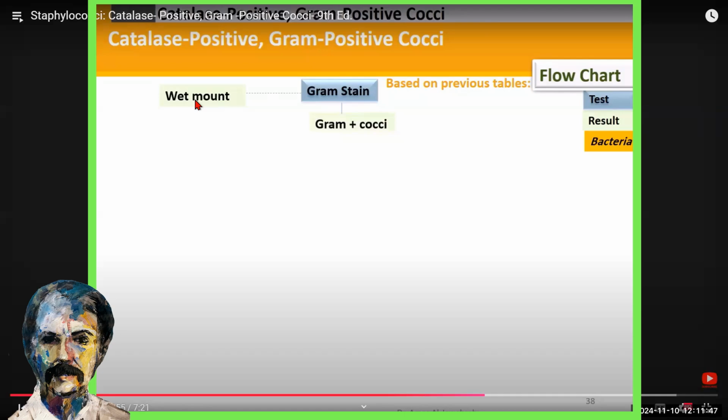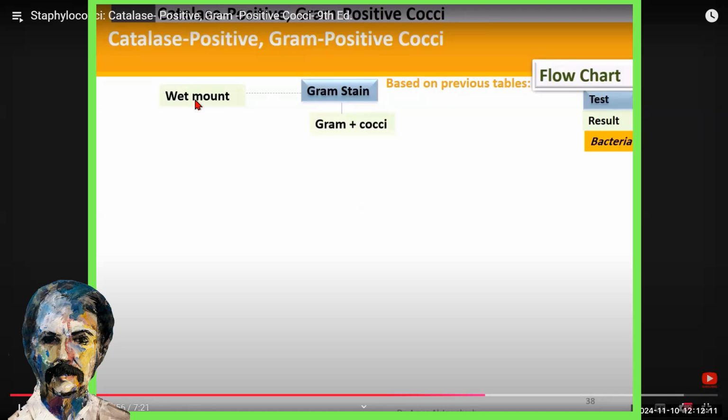So you stop and you report yeast, and you don't go to the other tests. But if you make gram stain, you can tell. Many labs don't do gram stain, and they fall into this mistake, and they spend a day or two working and working, and then all the work is false. A wet mount could have solved the problem right from the first place.